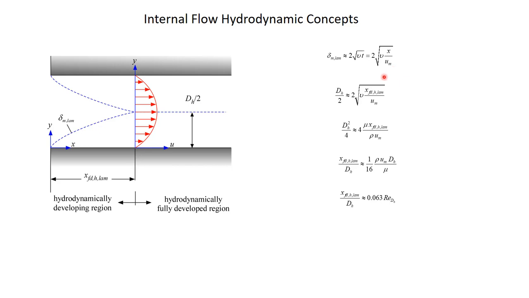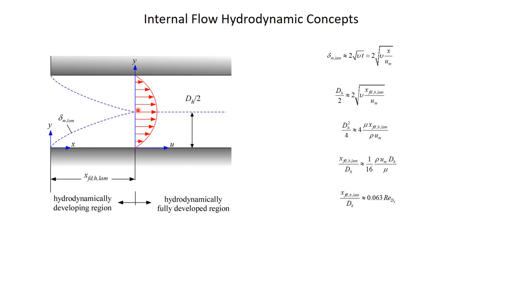Based on that, if we want to know the length required for it to become fully developed, we're basically asking, what is the position at which the momentum boundary layer has grown sufficiently that it becomes bounded? What is the position at which the momentum boundary layer reaches half of the hydraulic diameter?